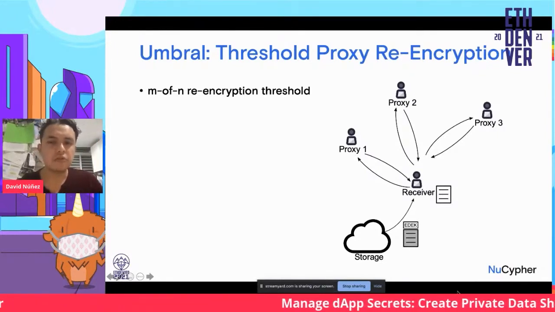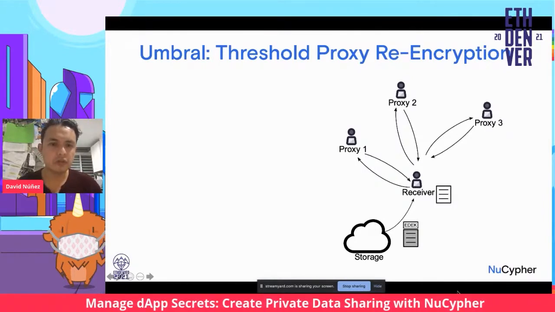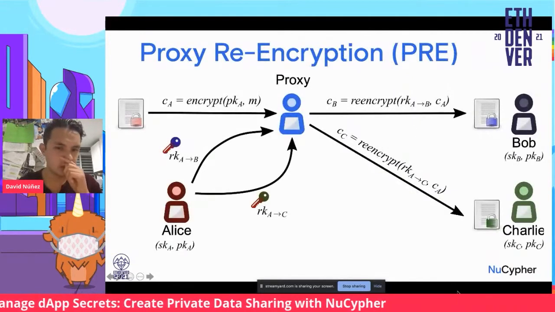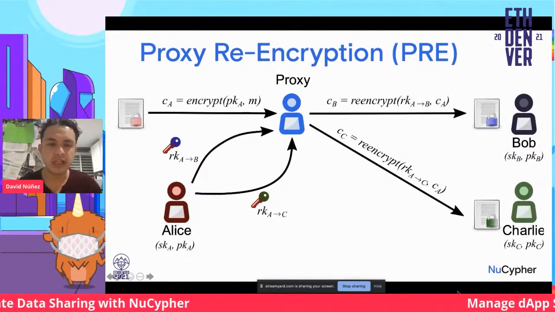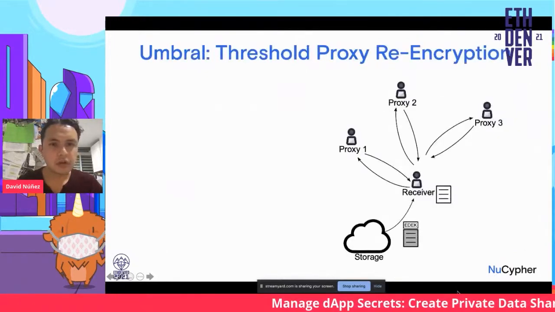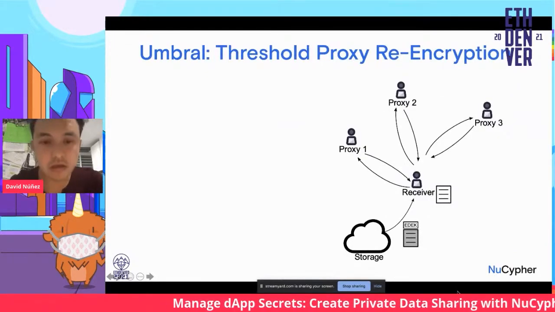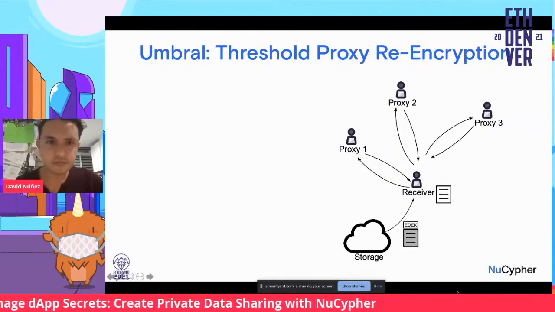Essentially, the Umbral crypto system allows you to distribute what we previously represented here with just one key, the encryption key between Alice and Bob, for example, to several proxies.